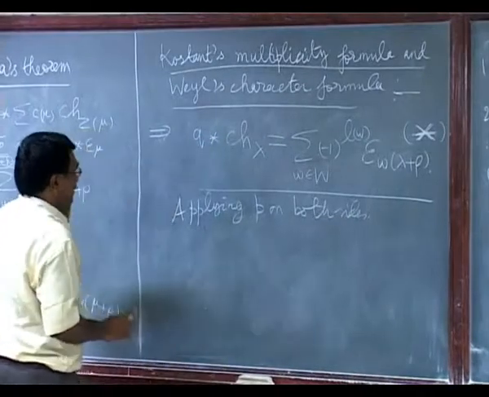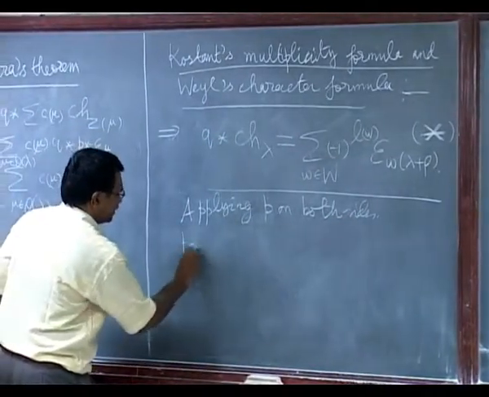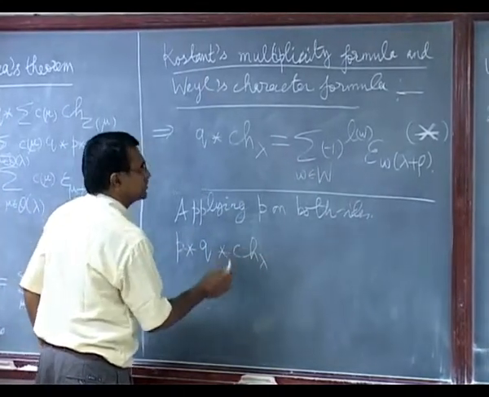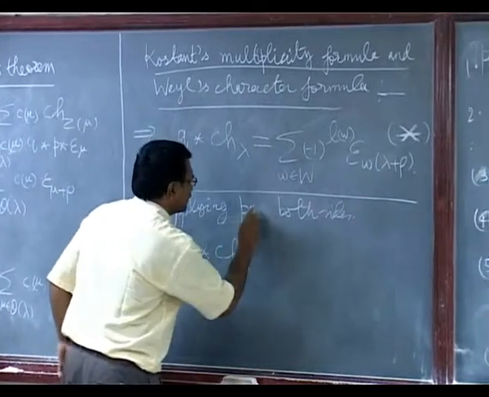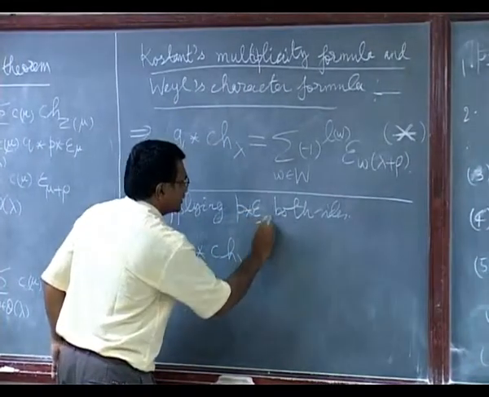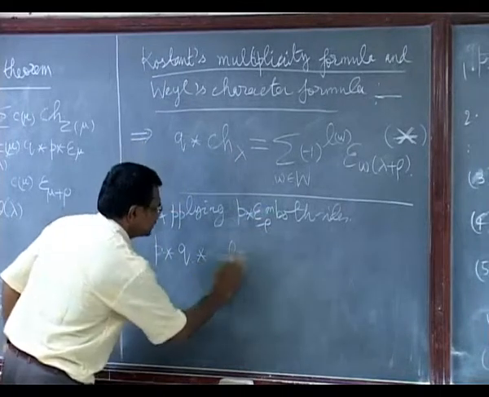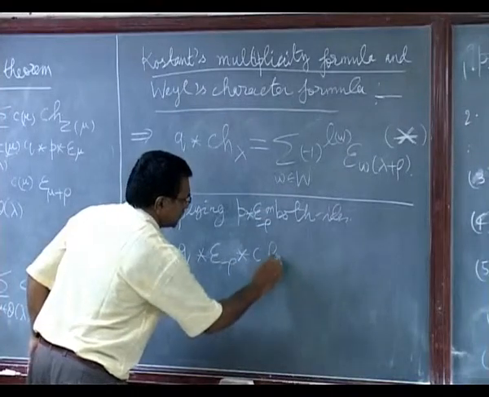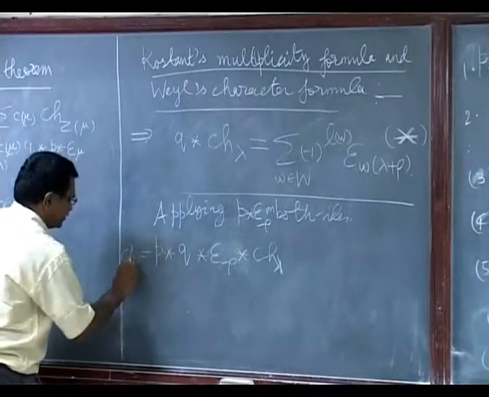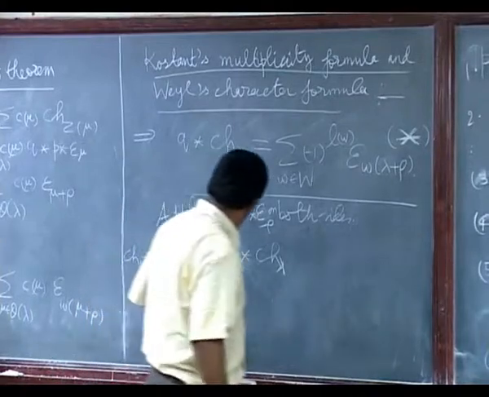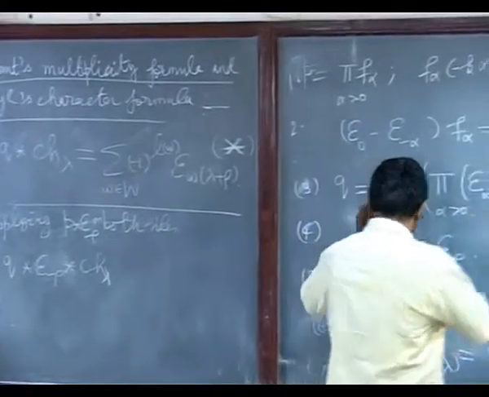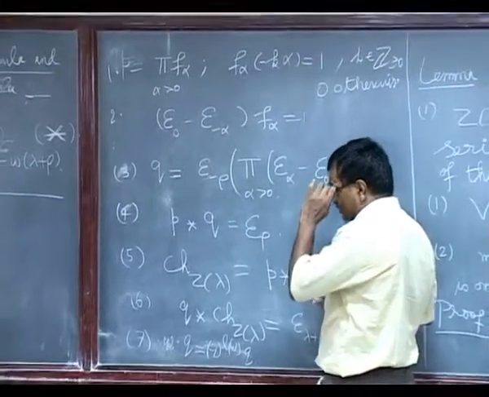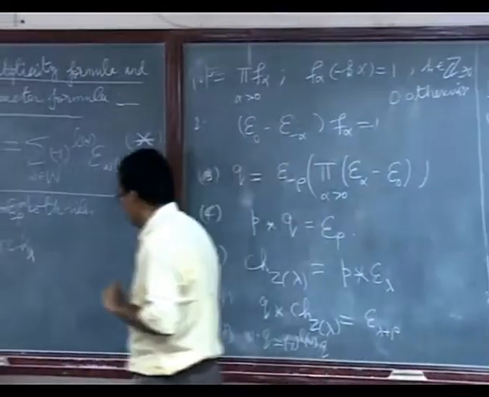Then what we get is P star Q star C h lambda, and also epsilon minus rho on both sides. So, let us look at this side, but this is same as C h lambda, because P star Q star epsilon minus rho is epsilon rho minus epsilon minus rho, which is epsilon 0, which is the unit element of that chi.